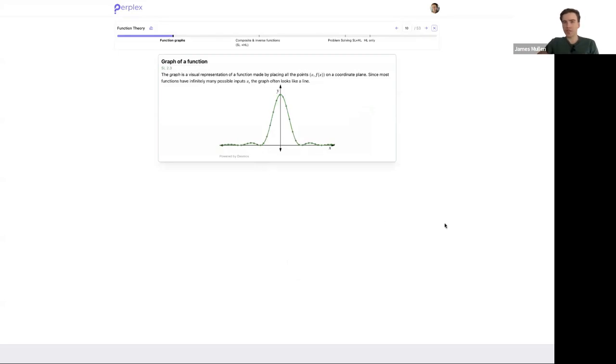Now, most of the functions that you deal with in IB, because they're sort of continuous elementary functions, you're going to have infinitely many points that lie in the domain and infinitely many points in the range. And so you're going to usually end up with graphs that look like straight lines. And in this little animation, you can see how the straight line of a function is actually nothing more than infinitely many points kind of blending together. So you start with a small number of points, and as you increase the number of points, you essentially have a line.